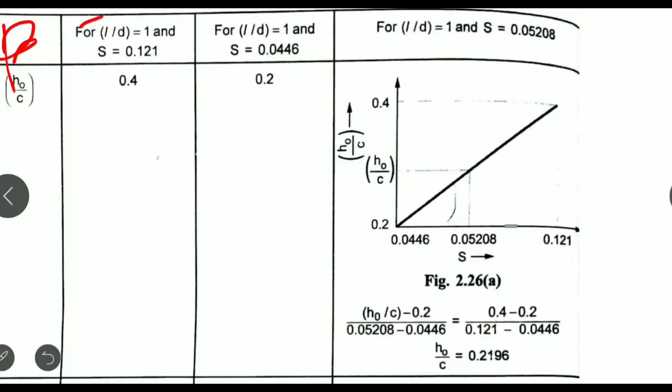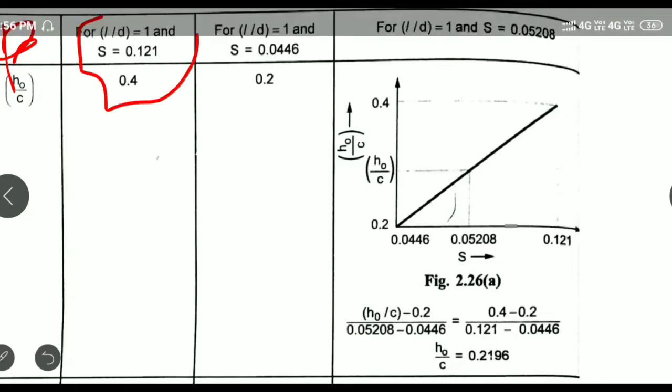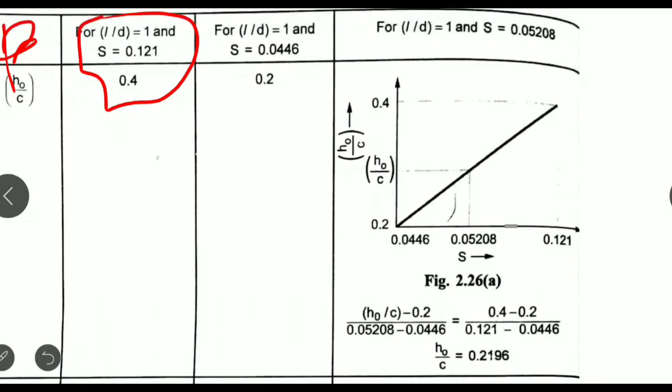So see here, this will be L by D 1, and the upper limit for S is 0.121, remember. For the lower limit, S is 0.0446. The value 0.05 is situated in between these. That's why I made the 2 columns.